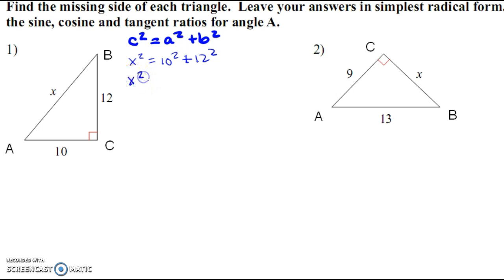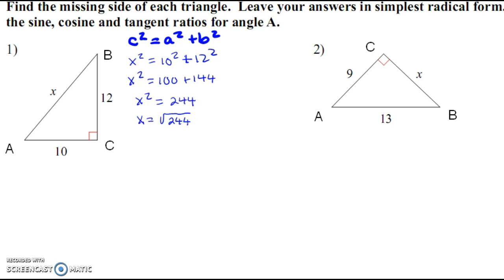I get x squared equals 100 plus 144, and then x squared equals 244. To get rid of the squared here, I take the square root of both sides. So I get x equals square root of 244.